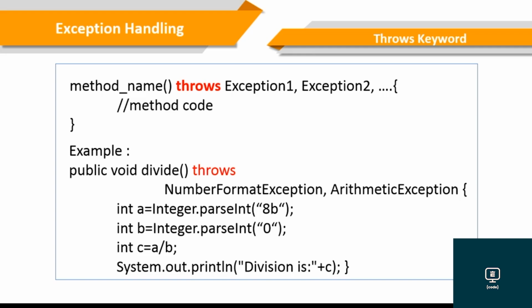The first, parseInt, is the method that throws the number format exception because 8b is not a number format. In the division operation, if the first number is in a number format and the divider is equal to 0, it throws the arithmetic exception.